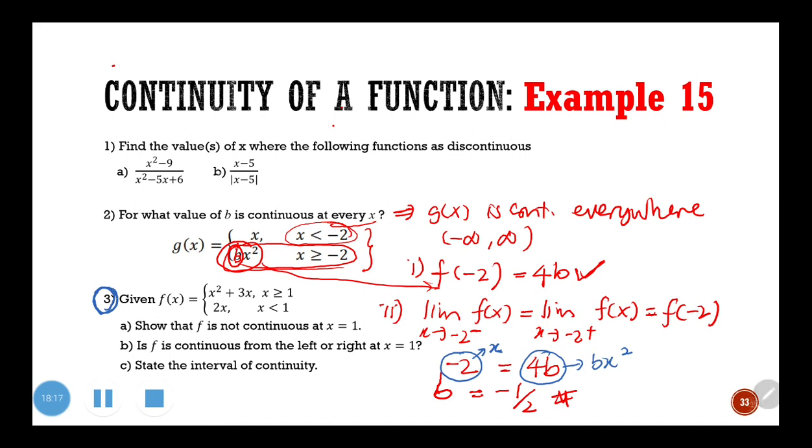Number 1 is not to solve for b, but just find the limit of (x minus 5) over modulus of (x minus 5) as x approaches 5. This is also revision before you solve your assignment. The second question is number 3, try to solve all of number 3. Perhaps during our synchronous class on Wednesday, we will discuss the solution.